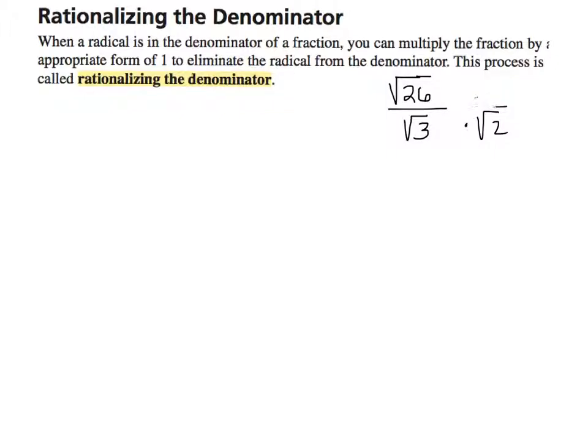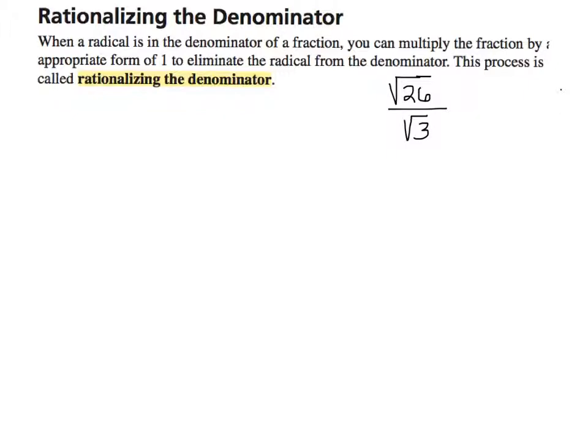I could multiply the top and bottom if I wanted to by x squared plus 5x plus 3 over x squared plus 5x plus 3. Now we have not even covered that yet, and that would make this enormously hard. But this right here would simplify into 1. That's what it means by multiplying the fraction by an appropriate form of 1.